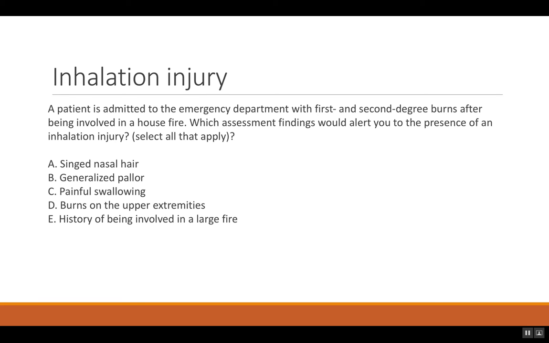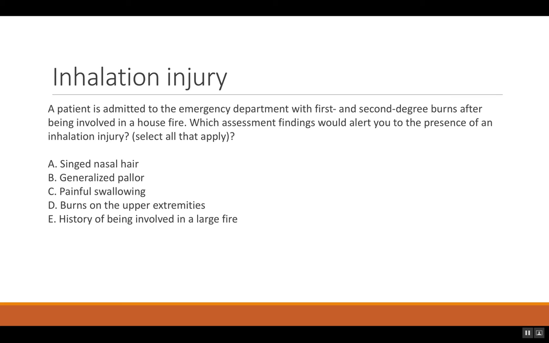Inhalation injury. So the patient's admitted to the emergency department with first and second degree burns after being involved in a house fire. Which assessment findings would alert you to the presence of an inhalation injury? And it's A, singed nasal hair, B, generalized pallor, C, painful swallowing, and E, history of being involved in a large fire.